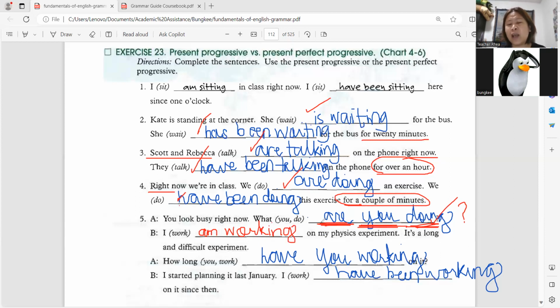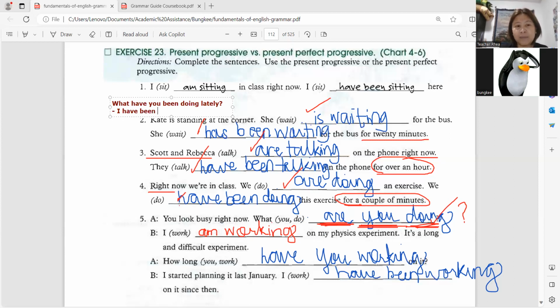But if the question is, what have you been doing lately? In this kind of question, you can answer in present perfect progressive.